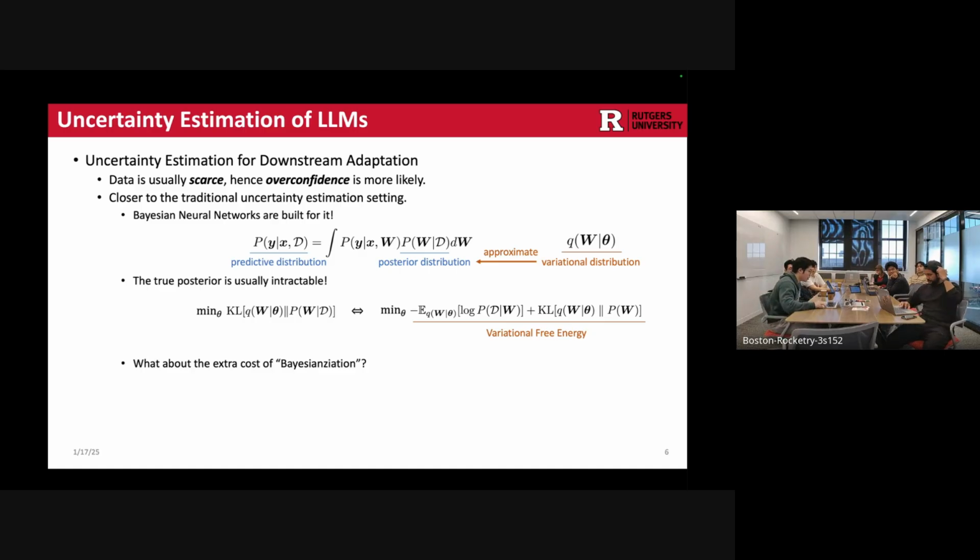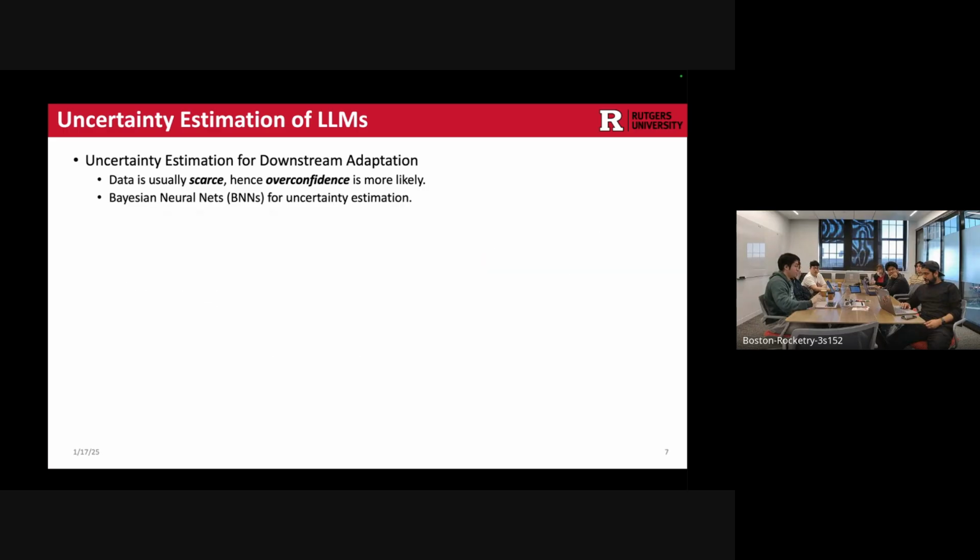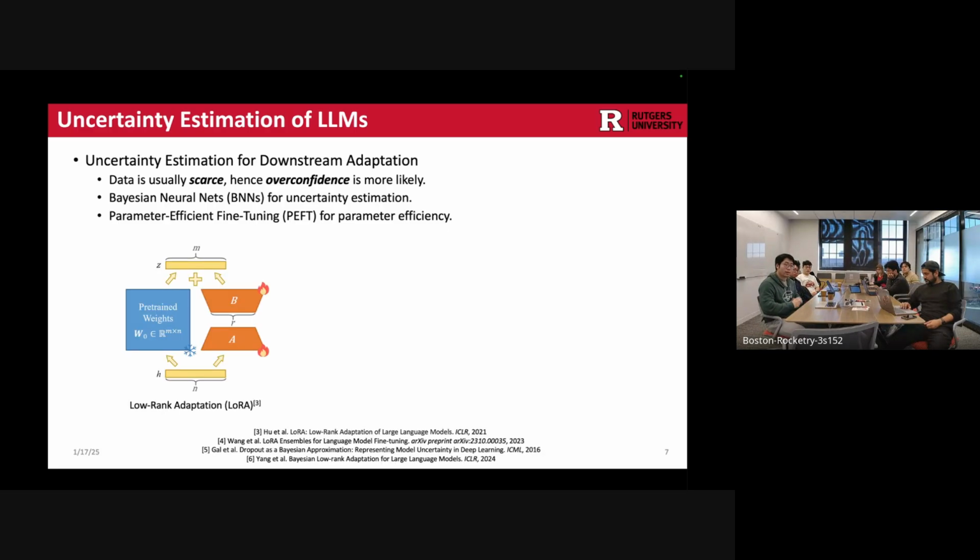All right, we have been talking about the extra cost we need to pay. But there's another branch of techniques we can utilize to bring down the computational cost of Bayesian neural networks, called parameter efficient fine-tuning techniques. I will take LoRA as a specific example.